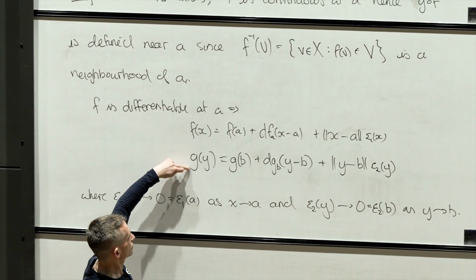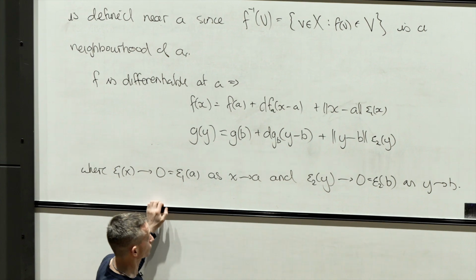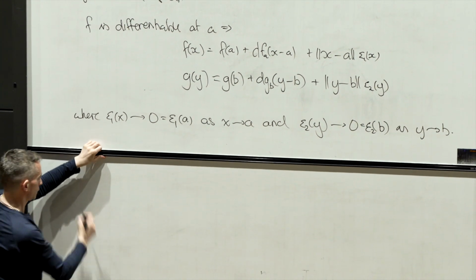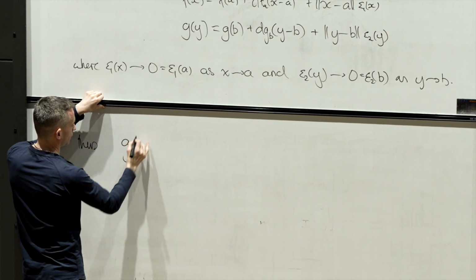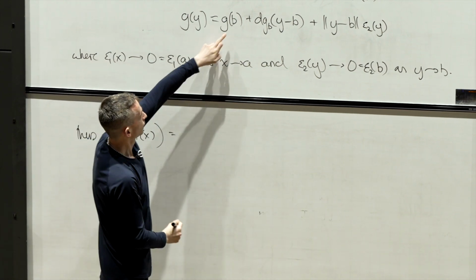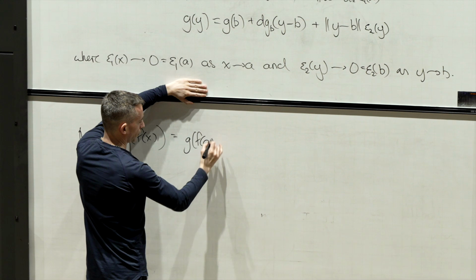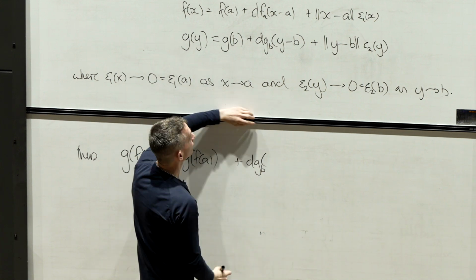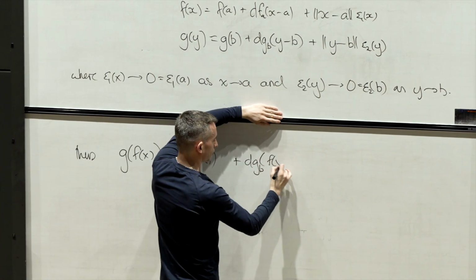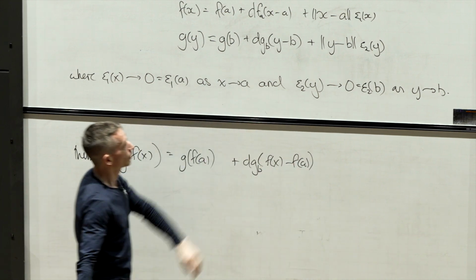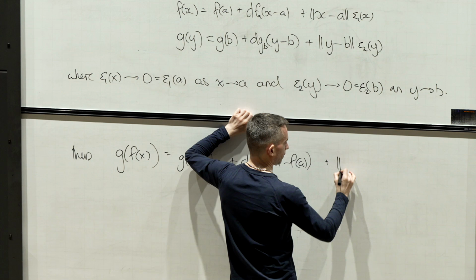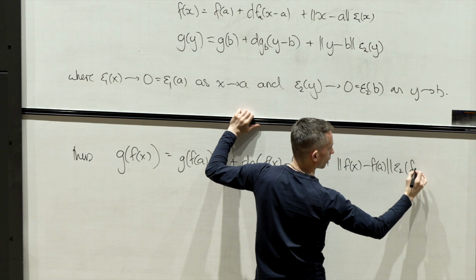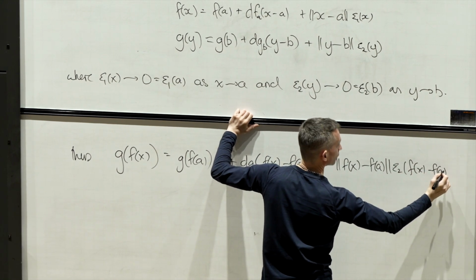Okay, so we want to understand the composition of g and f. We substitute the first formula into the second. g of f of x is g of b, which is g of f of a, plus the derivative of g at b applied to f of x minus f of a, plus the norm of f of x minus f of a times epsilon 2 of f of x.